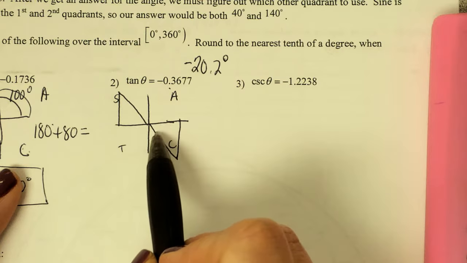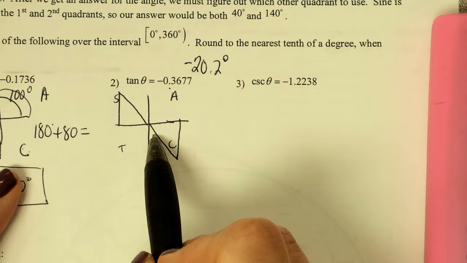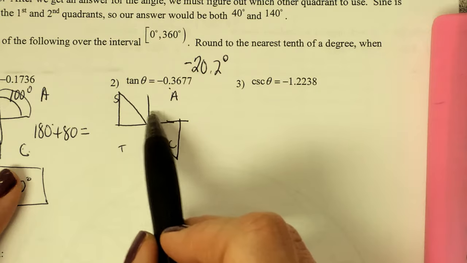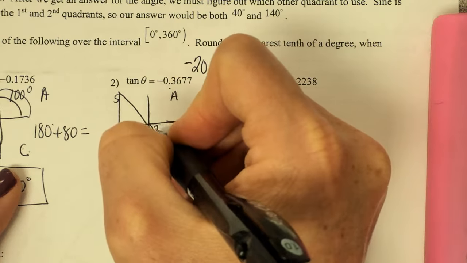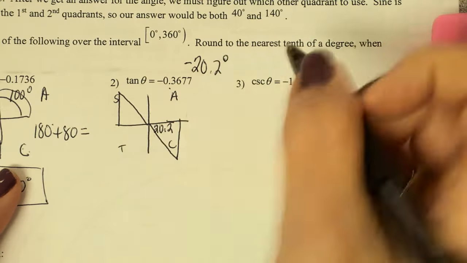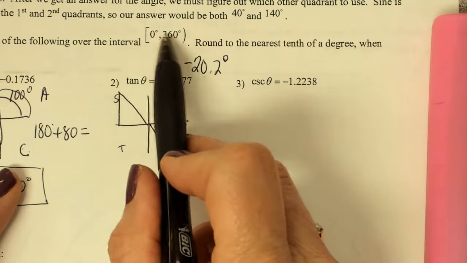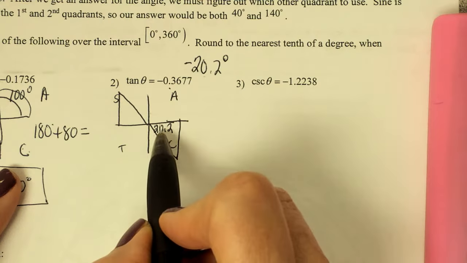The closest angle, the smallest angle, starts here and goes in the negative direction. That's what this negative means, is that it goes in this direction rather than that direction like we always go. So this angle right here is 20.2. This is not one of my answers because it's not in between 0 and 360. That's telling me the reference angle though.